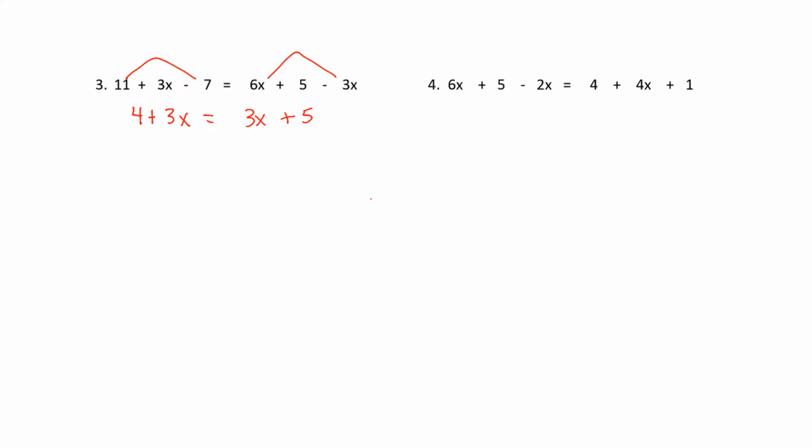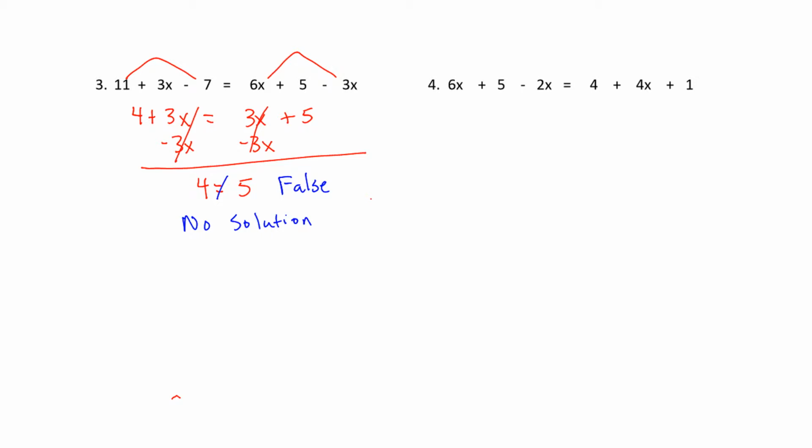If I subtract 3x from both sides, that zeroes out both of my variables and leaves me with the statement 4 equals 5. 4 definitely does not equal 5, which means that statement is false, which means this equation would have no solution. There is no value of the variable that will make that equation true.